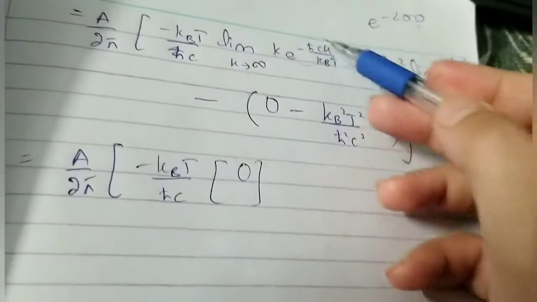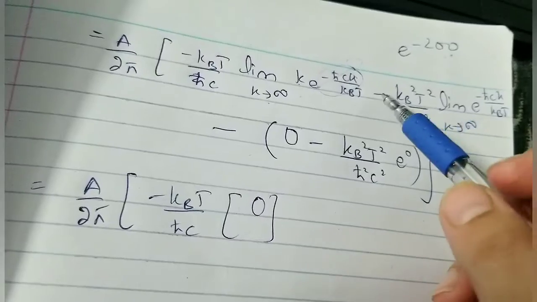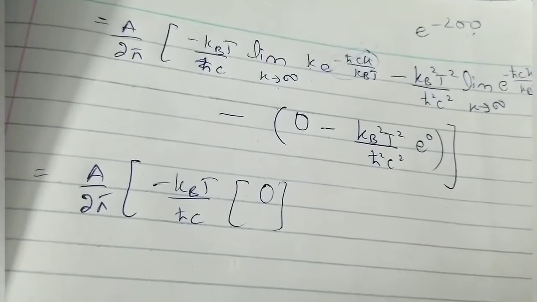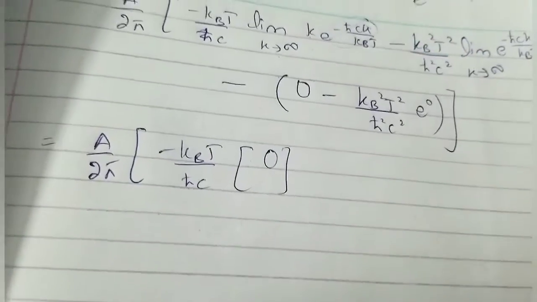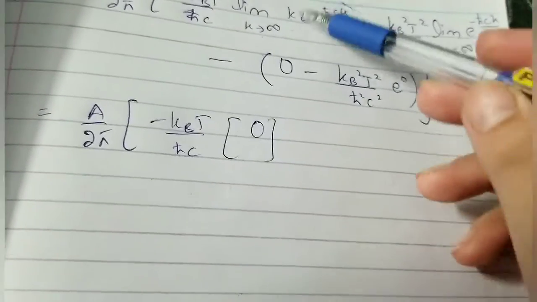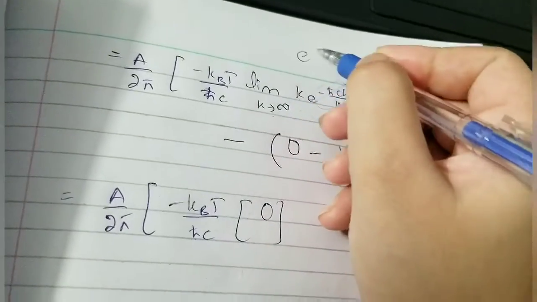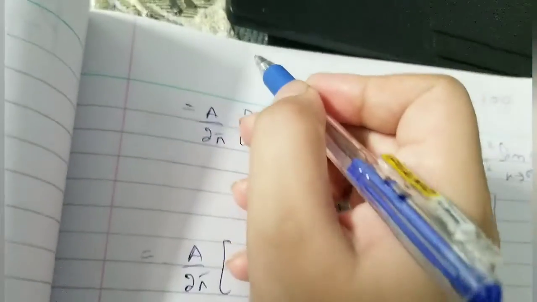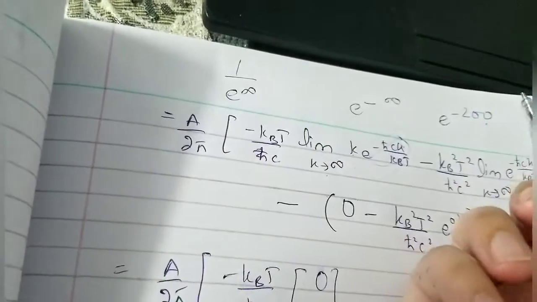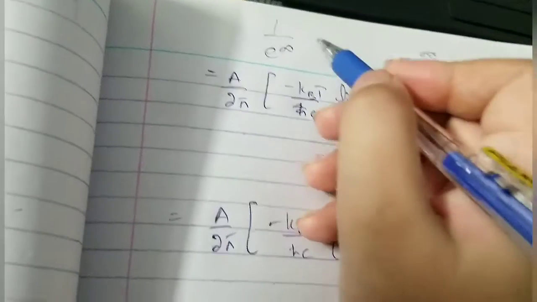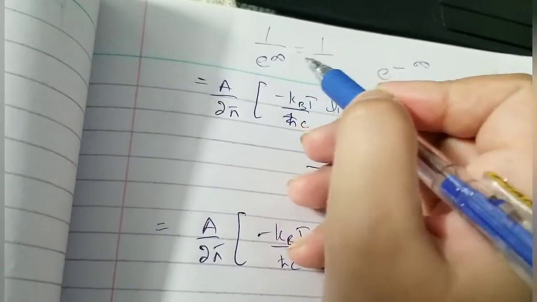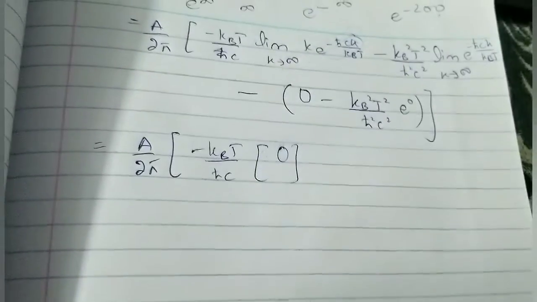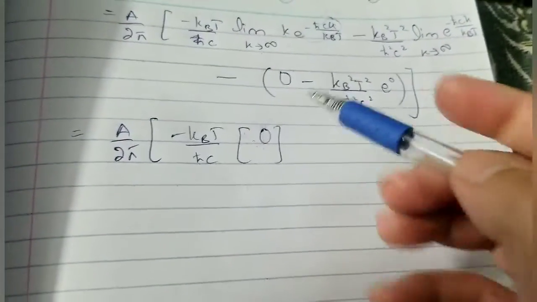So we can approximate what the answer would be. If you put infinity in the exponential term, you get e to the power minus infinity, which becomes e to the power infinity in the denominator when you write it like that, and 1 over infinity is 0, that is why we took 0 as the result.